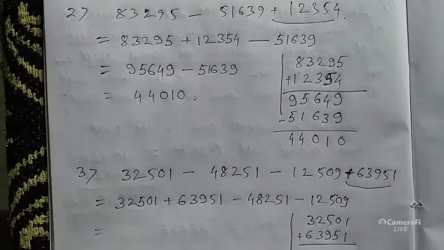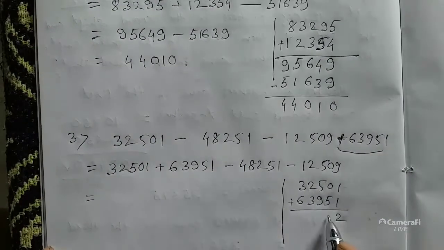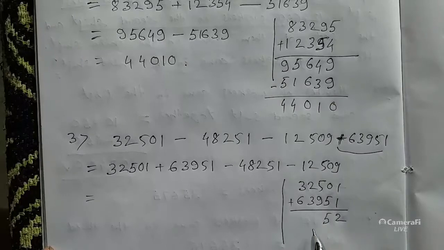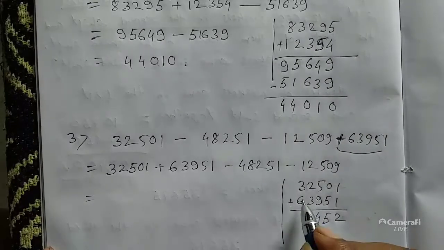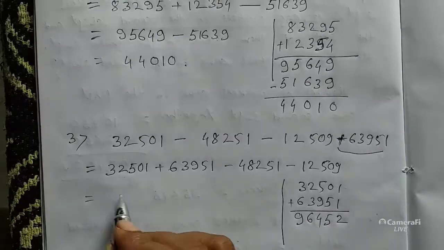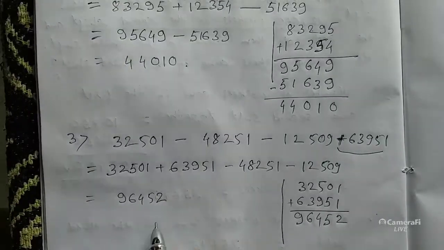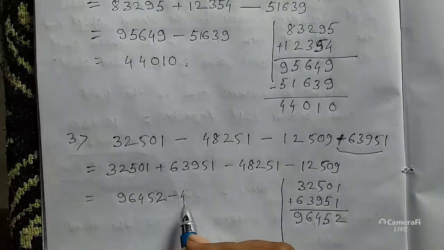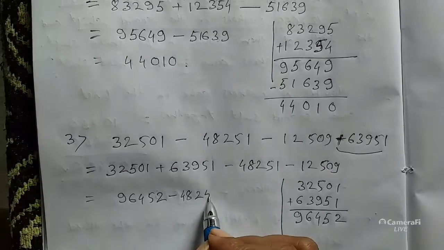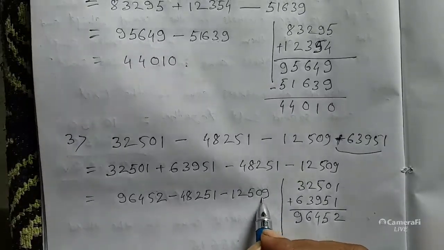Add this. So 1 plus 1, 2, 5, 9 plus 5, 14, 4, 1 carry, 3 plus 2, 5 plus 1, 6, 6 plus 3, 9. So this addition becomes 96452. Then successively write these two numbers, minus 48251 minus 12509.